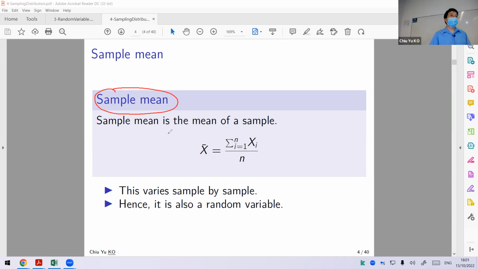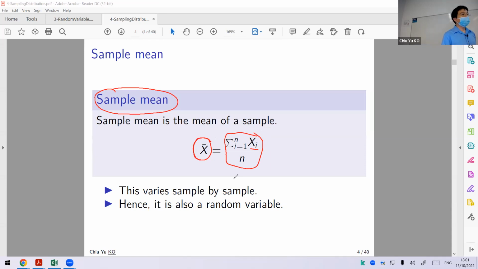How do we use this data? We calculate the mean of this data. That is the sample mean. You just add each observation and divide by n. And do note that because each xi is a random variable, this sample mean is also a random variable.